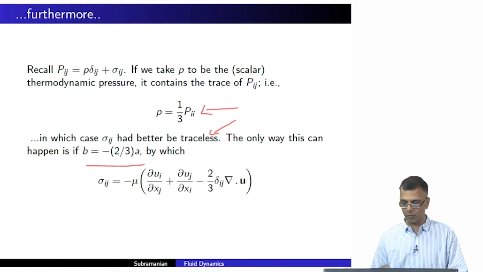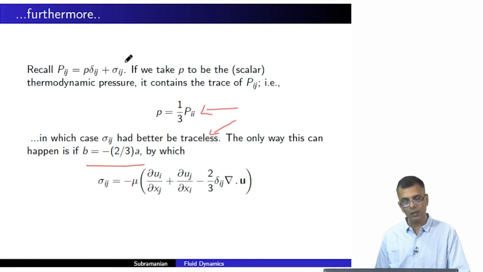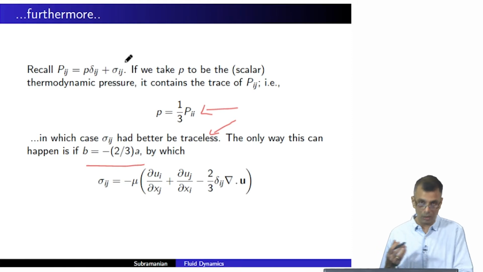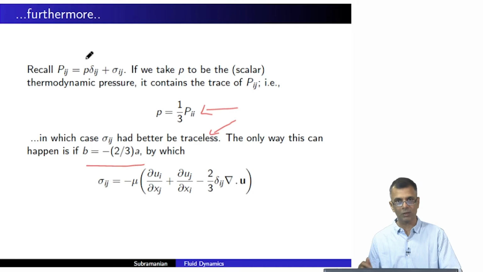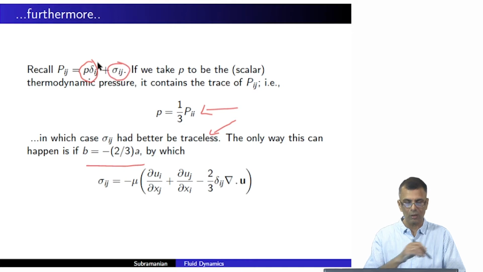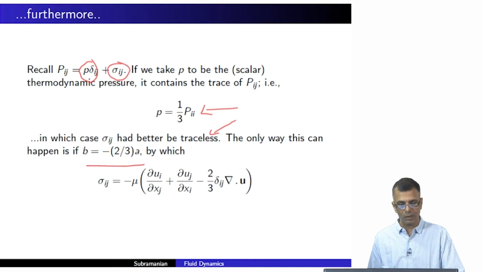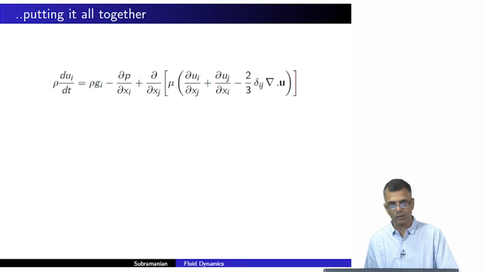And so, this is, in some sense, the most general form of the shear stress tensor. I now make a distinction between the shear stresses and the normal stresses. The normal stresses are this and the shear stresses are this.